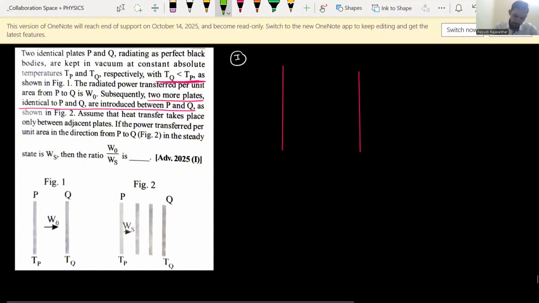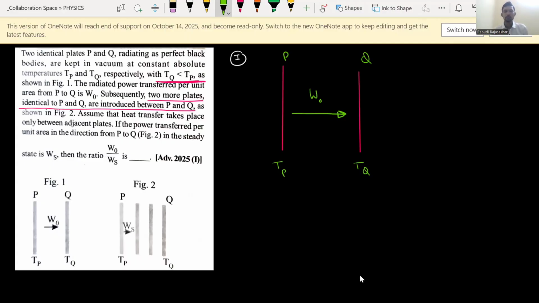So heat flows from P to Q in this direction, and W naught is the heat. Tp is the temperature of P material, Tq is the temperature of Q material.